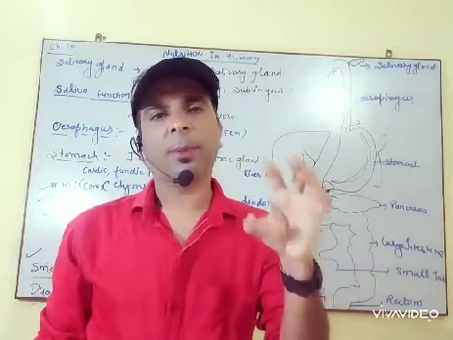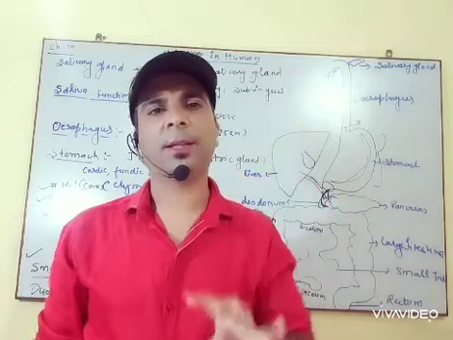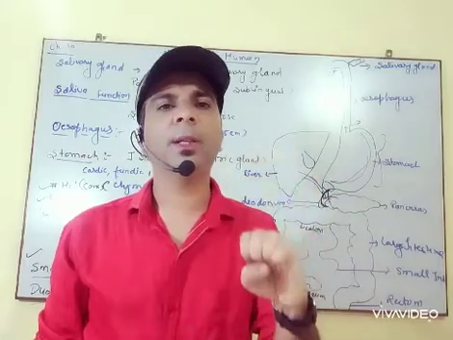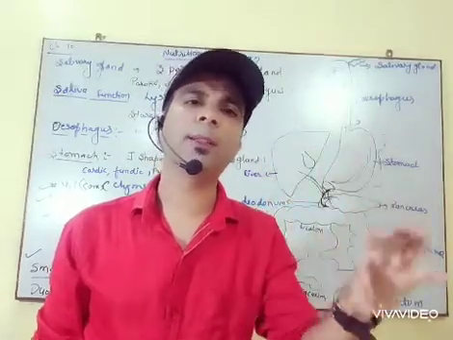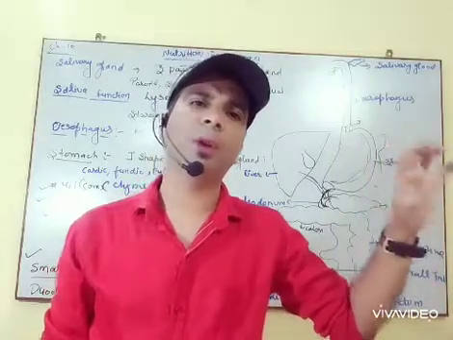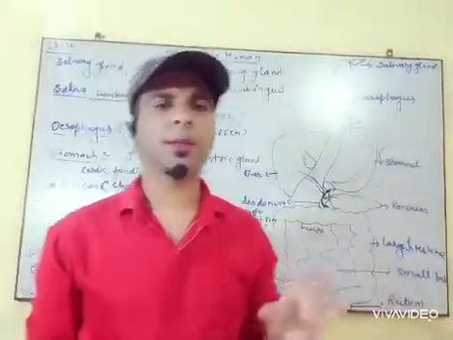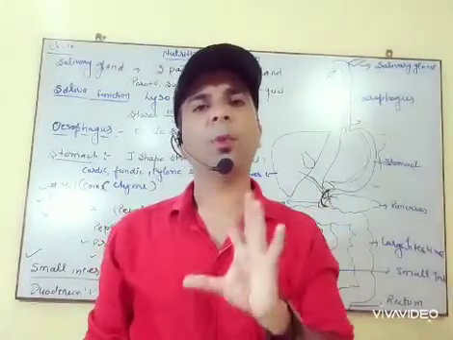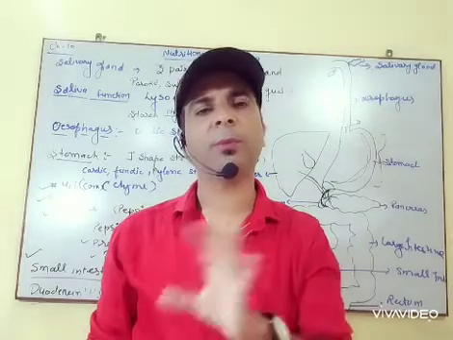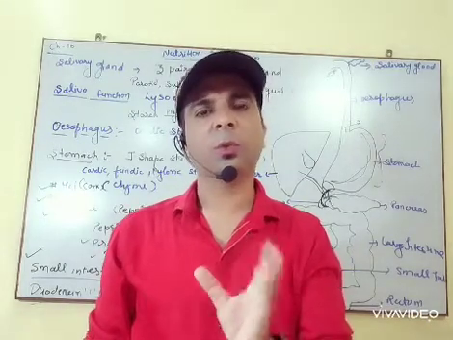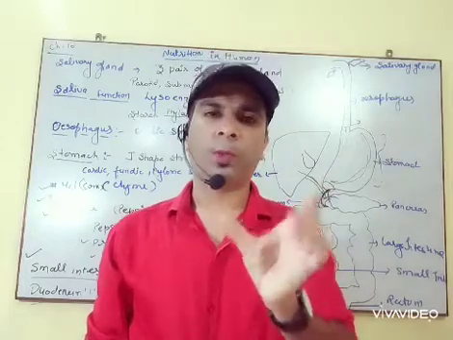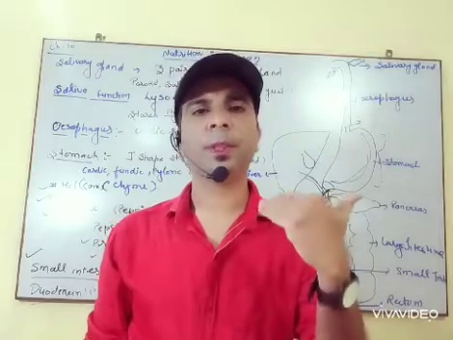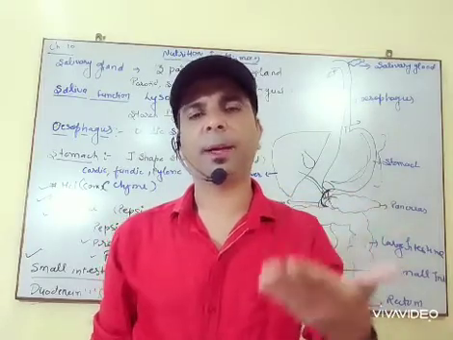These finger-like projections are known as villi, and these villi help to increase the surface area of the small intestine and also help to absorb the digested food. So the first role is to increase the surface area, and the second role is that the digested food material becomes absorbed by the villi.